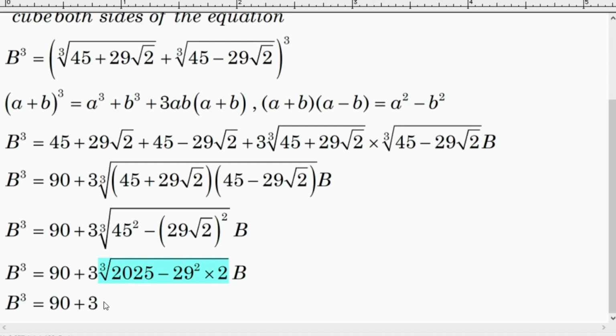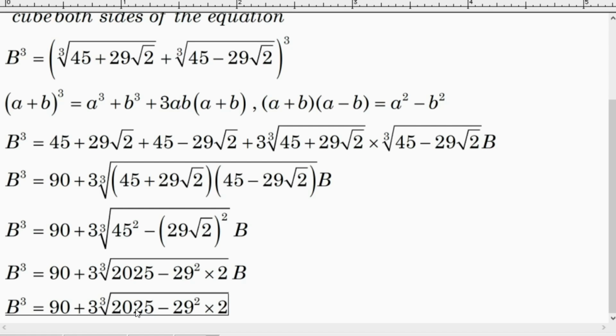We have 29 squared, which is equal to 841. So 841 times 2 is equal to 1682, and then times B.